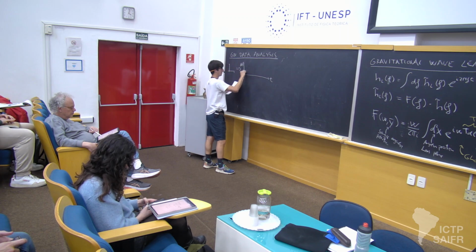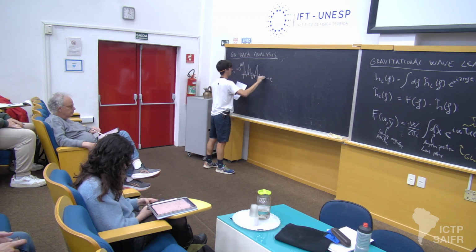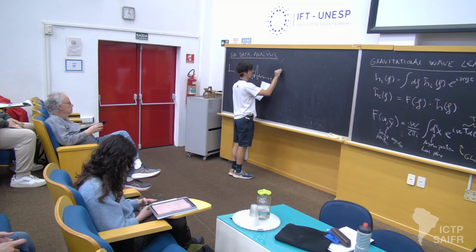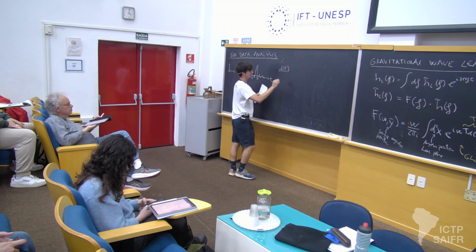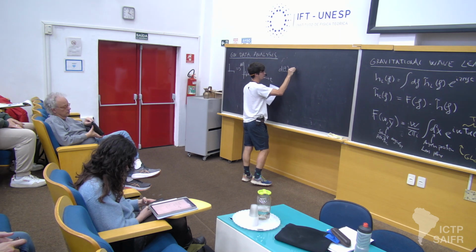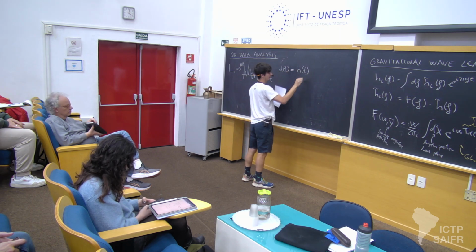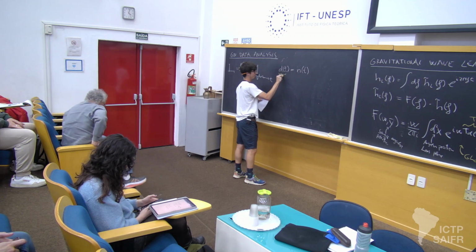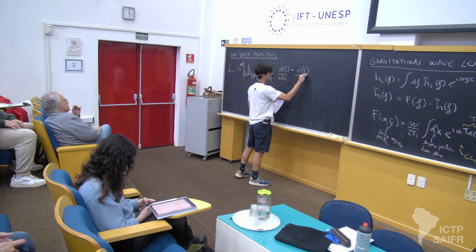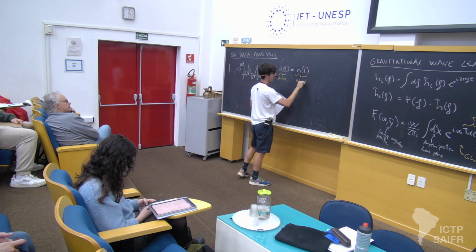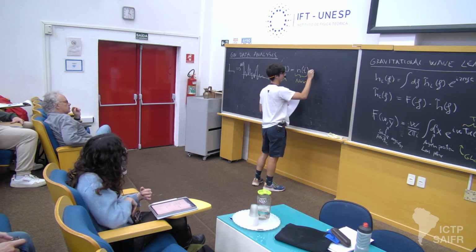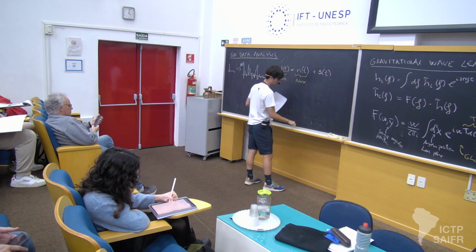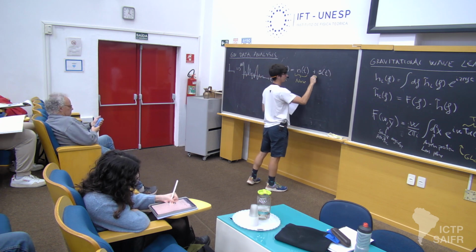This data will do whatever it does, but what we are going to think is that this data could be decomposed into some noise, n of t. It will always have some noise. And then if we are lucky, it will have some signal. So this is the nomenclature I'm going to be using.